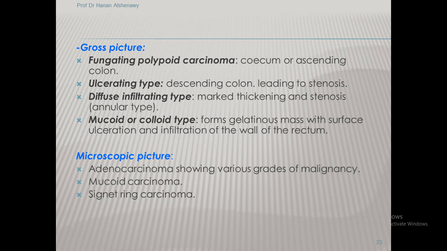It may present as a diffuse infiltrating mass in the wall of the colon, or as a mass secreting mucoid. The most important microscopic picture that we have to know is that the most important type is adenocarcinoma by its variants. Adenocarcinoma.